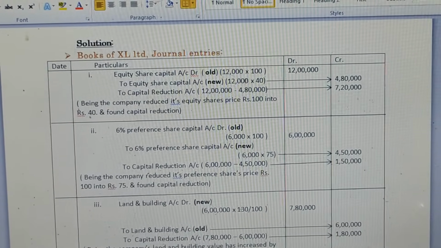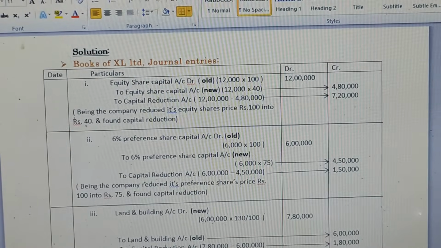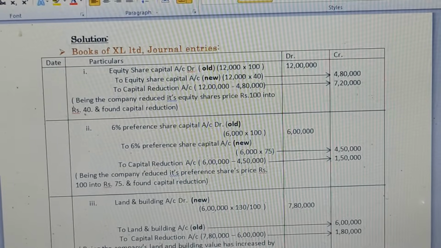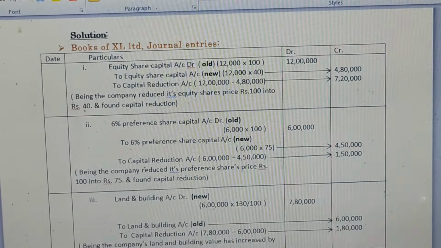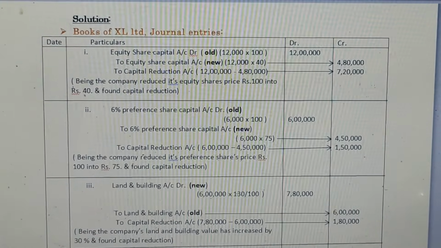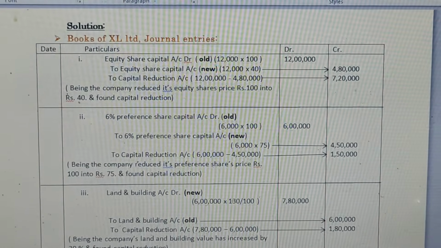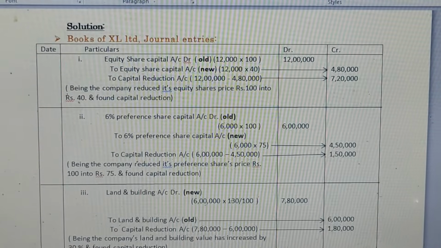The old value of equity share capital, we mention on the debit side. The new value of equity share capital, we mention on the credit side. And the difference value on the credit side is called capital reduction. It means 12 lakhs minus 4,80,000. We get the difference value 7,20,000. That is capital reduction, which we have to mention on the credit side.